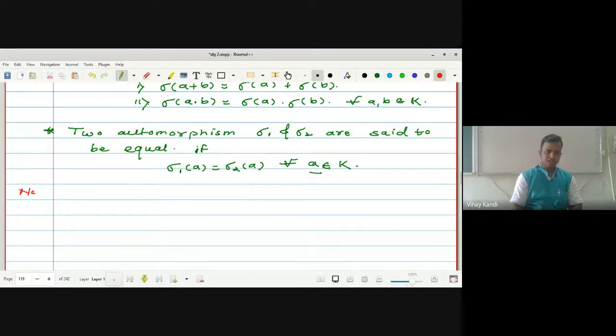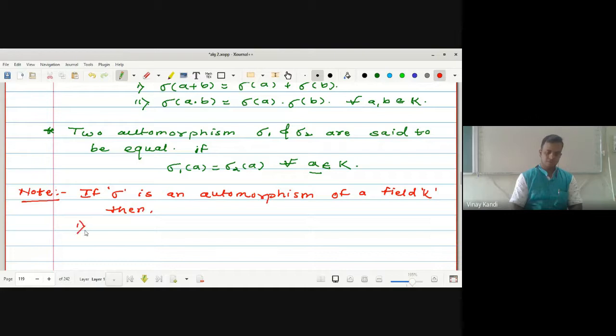First, if sigma is an automorphism of a field K, then sigma of 0 is equal to 0, identity maps to identity, the additive identity. Second, sigma of minus A is equal to minus sigma of A.